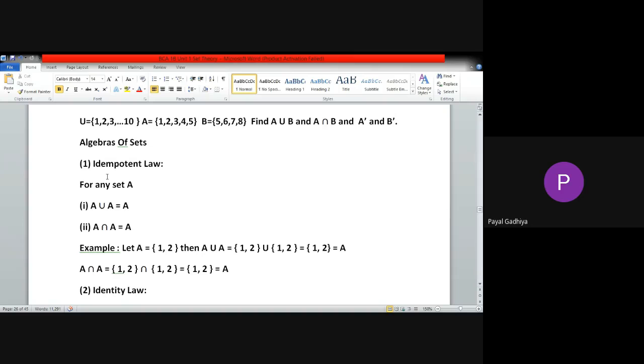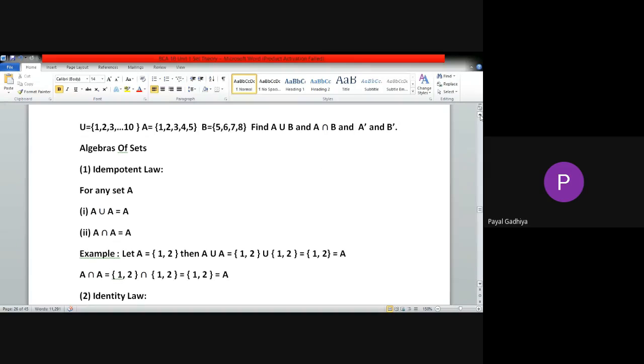This is a very simple law which we can definitely remember, but we need to remember the statement of a particular law. We have three or four laws, so we need to remember which law contains which statement. That's it. So the first law is A union A equals what?